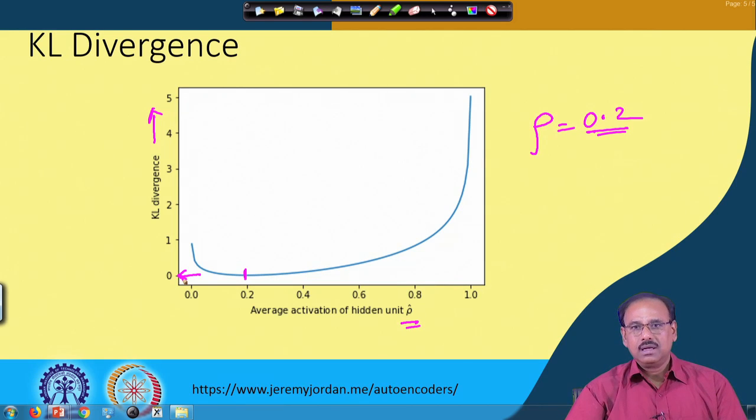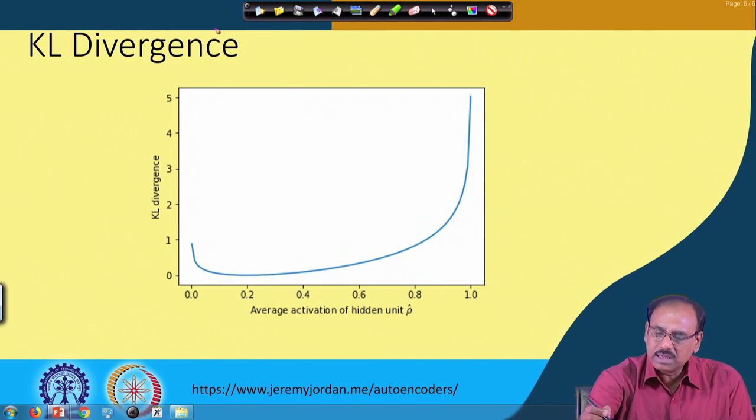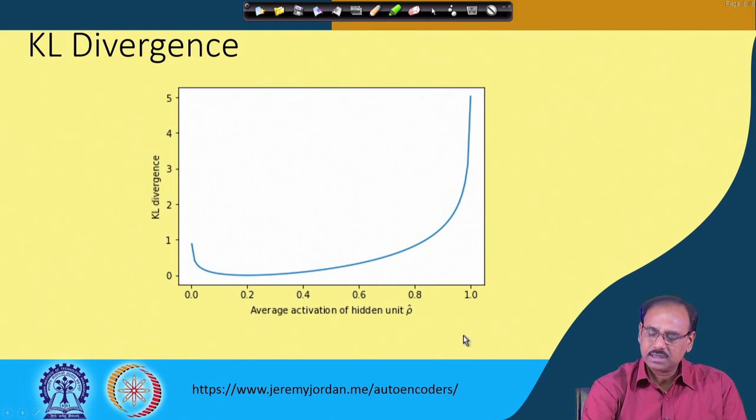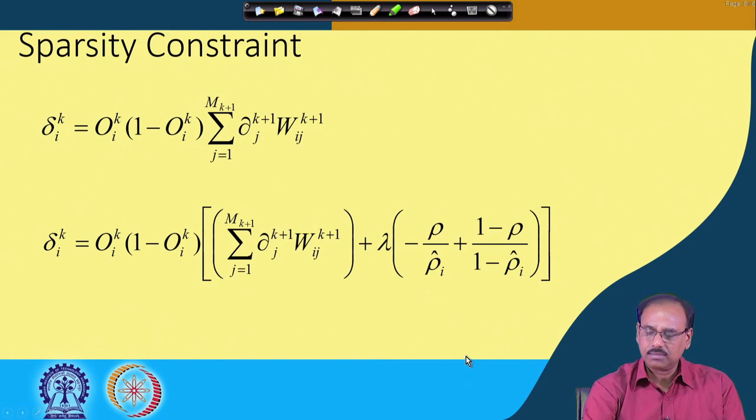And as the values of rho and rho j hat differ, the divergence increases quite fast. So, this is the implication of the KL divergence, which we said measures the distance between two different distributions. Now, what will be the implication of introducing this KL divergence as a regularization loss in our overall loss function?